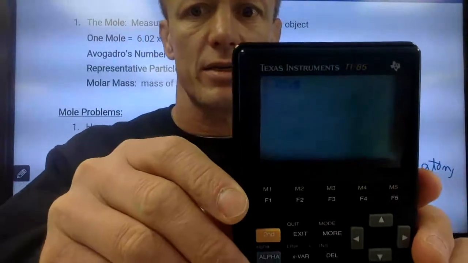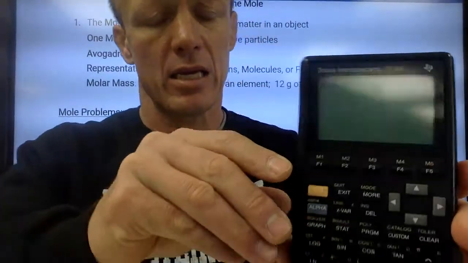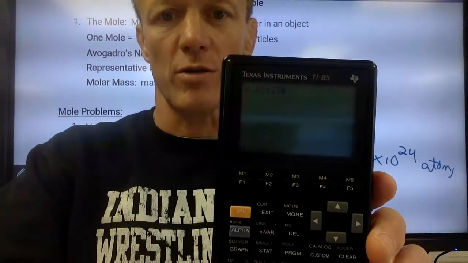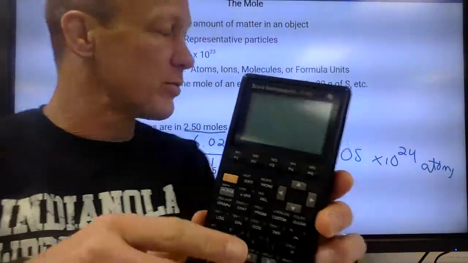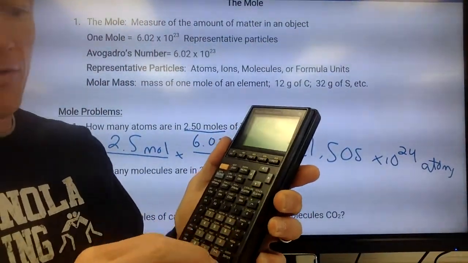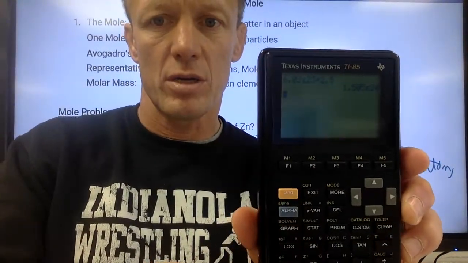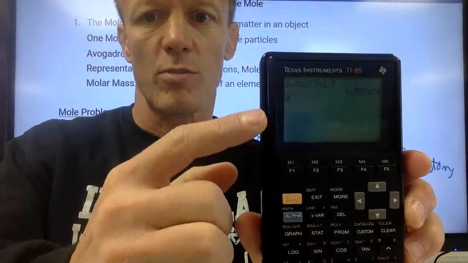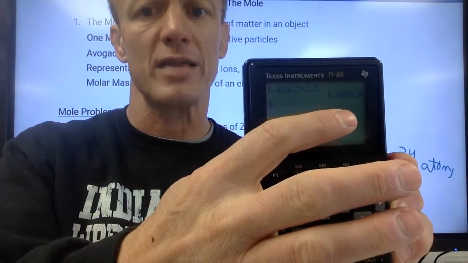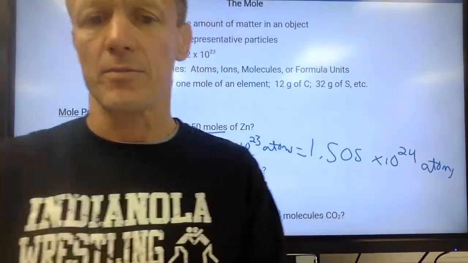So when you see 6.02E, that means 6.02 times 10, so 6.02 times 10 to the 23rd power. For this problem, I was multiplying that times 2.5, so Avogadro's number times 2.5. Notice it says 1.505E24, which means times 10 to the 24th power. So figuring out how to use your calculator is kind of key here.